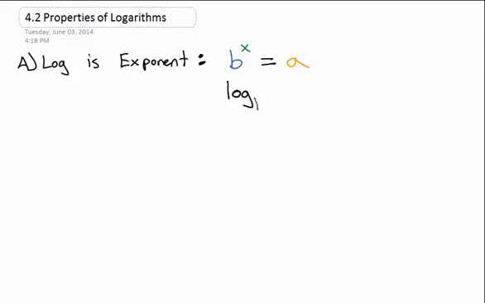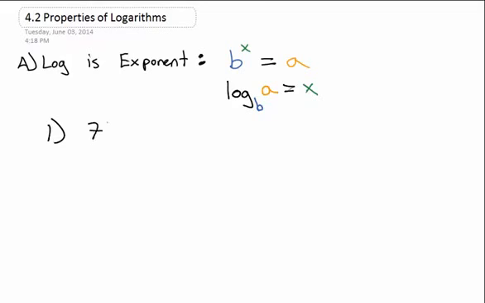We will put a subscript of the base and we will stick the answer in there. And it will always be equal to the exponent.